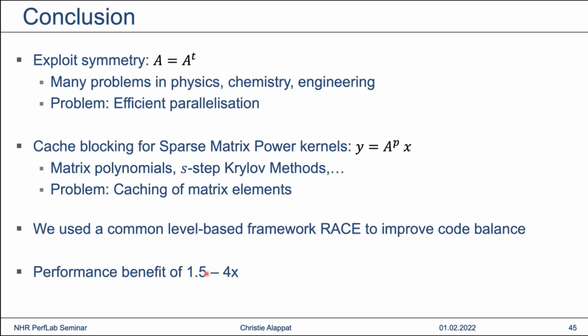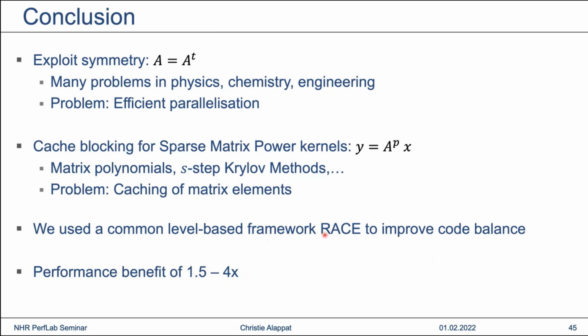We attained performance benefit for symmetric variants, something around 1.5 to 1.8x. And for the matrix power kernel, we could get up to 4x or even higher normally. And it has to be said that in this talk, I just gave a brief idea of the concepts of the RACE framework.